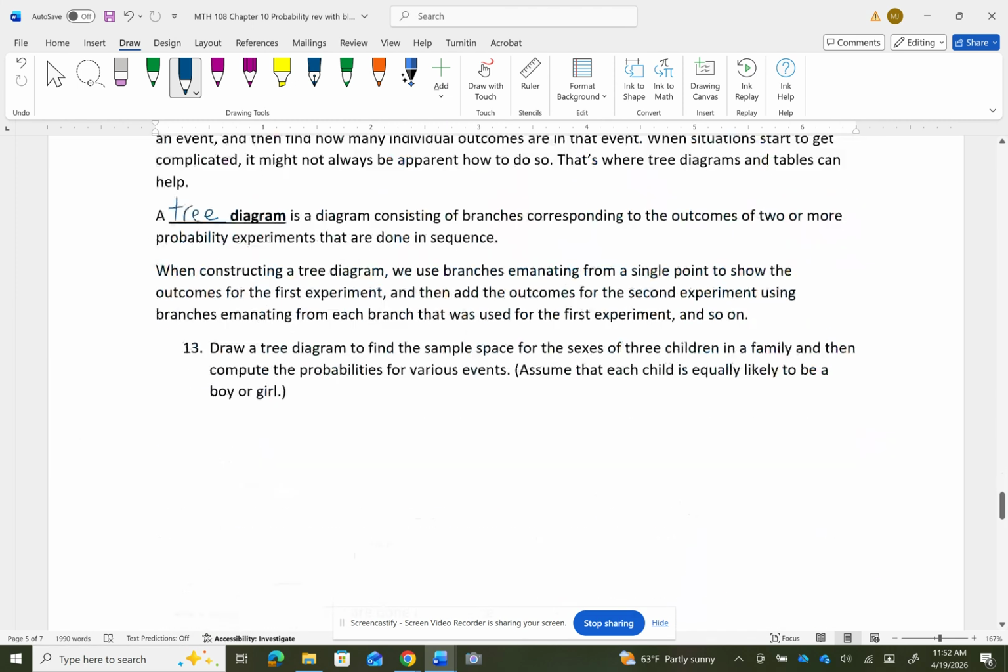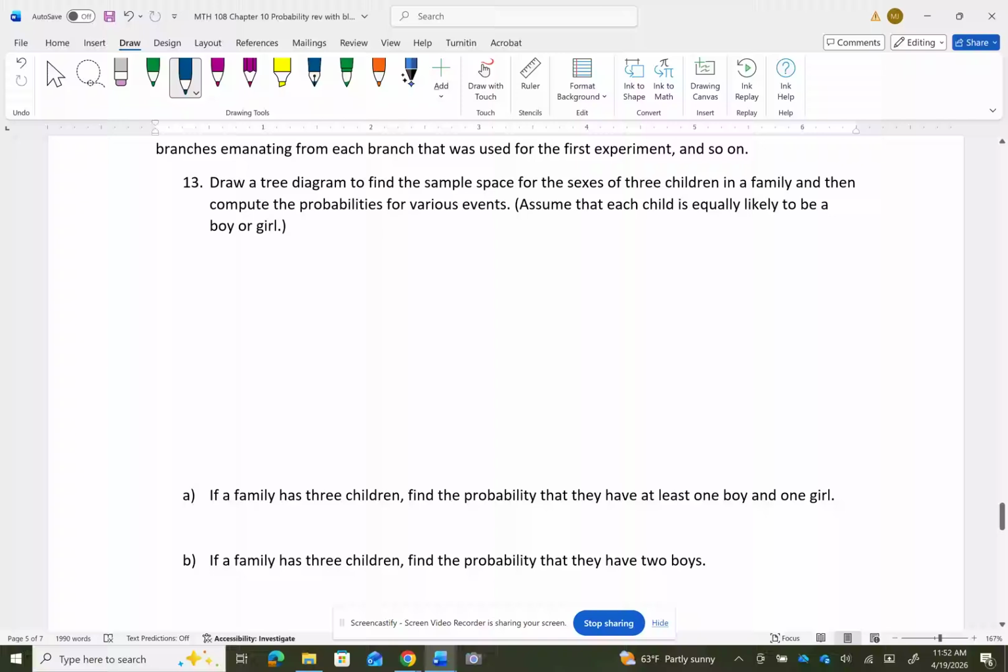Okay, so here we have a situation that asks us to do a tree diagram to find the sample space for the sexes of 3 children in a family, and then compute the probability for various events they ask us about. We're going to assume that being a boy or girl is equally likely.